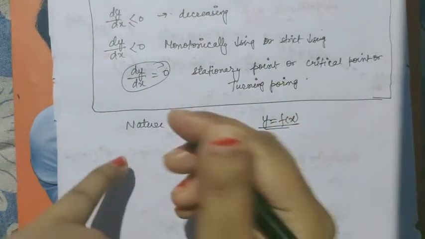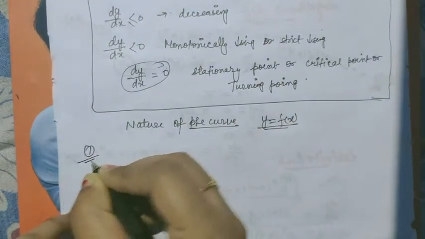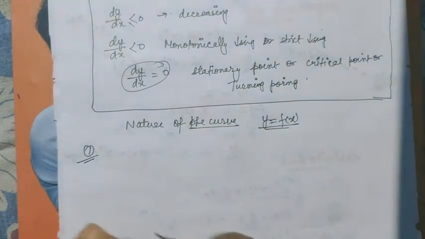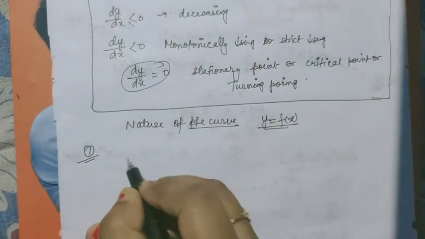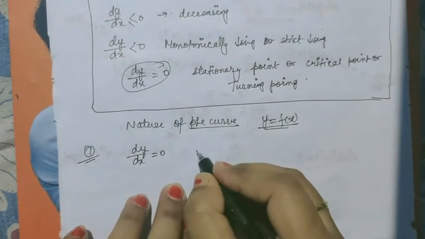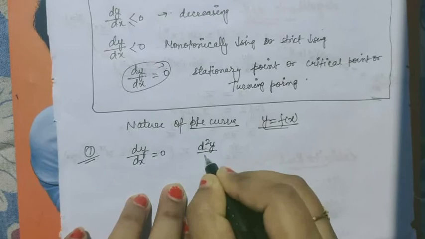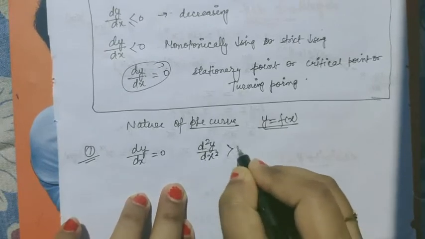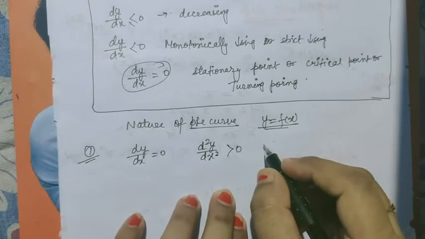See here, nature of curve is decided by d2y by dx square.